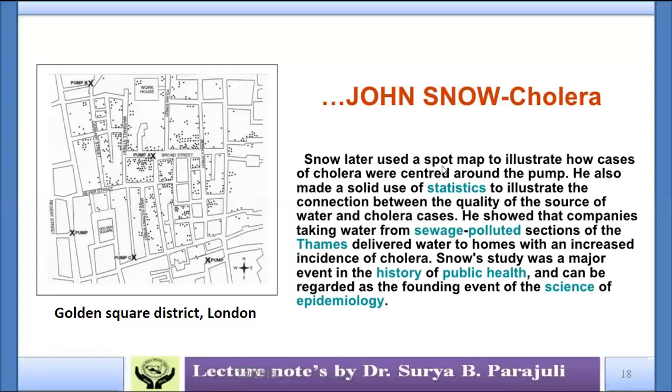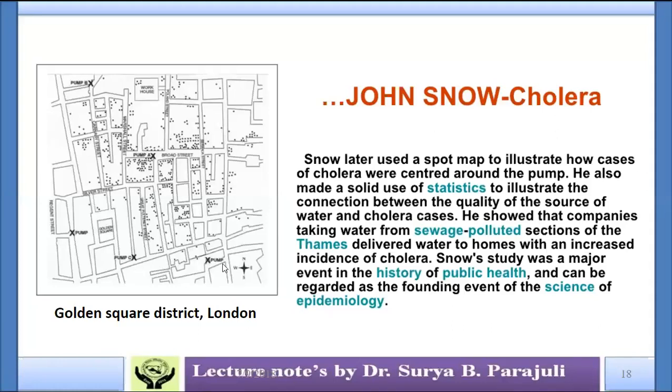Snow used a spot map to illustrate how cases of cholera were centered around a pump. You can see one drinking water pump here in London at that time, a second pump, third pump, fourth pump, fifth pump. And these dots are the number of cases. You can find more cases in the surrounding area of this pump.